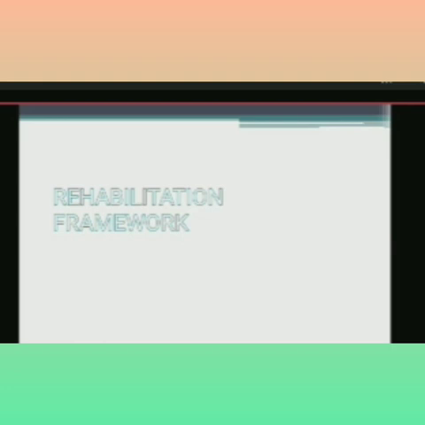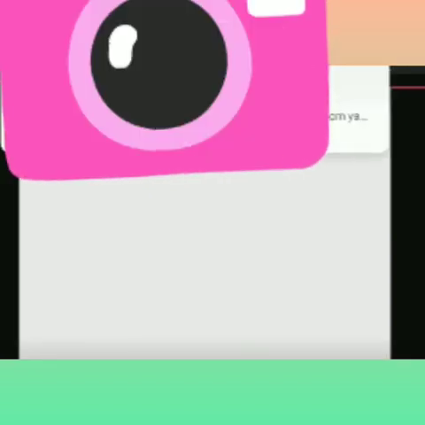So, during our rehabilitation process, we have to keep in mind certain things. That's why we have a rehabilitation framework with different types of rehabilitation. Before the types, what are the considerations or things we have to keep in mind before starting any rehabilitation process?